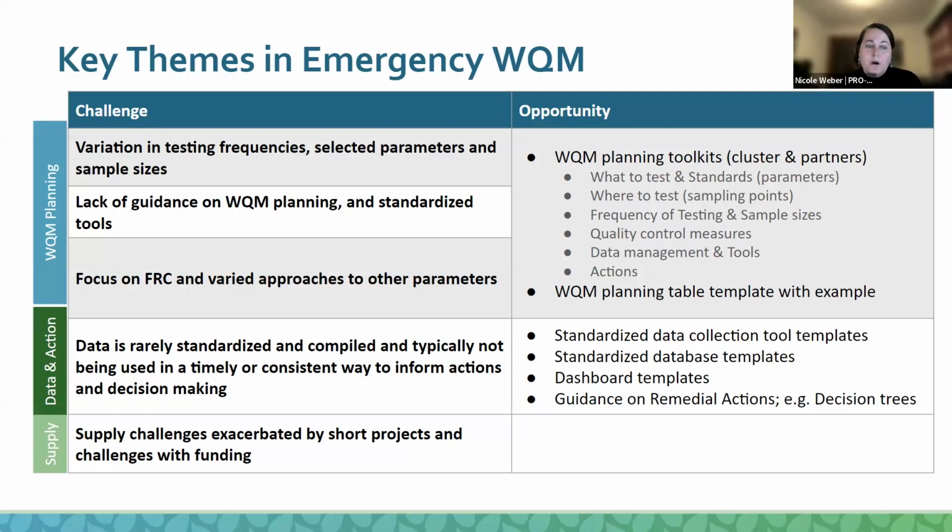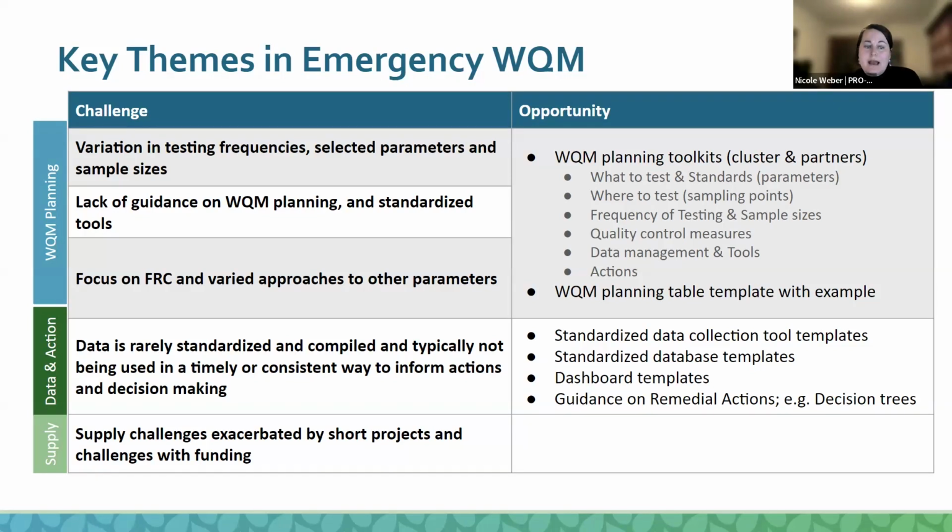The first one is around water quality monitoring planning. So here we're seeing variations in testing frequency, selected parameters, and sample sizes. We're also seeing a lack of guidance on water quality monitoring planning, as well as standardized tools, and a focus on free chlorine residual with varied approaches to other parameters.